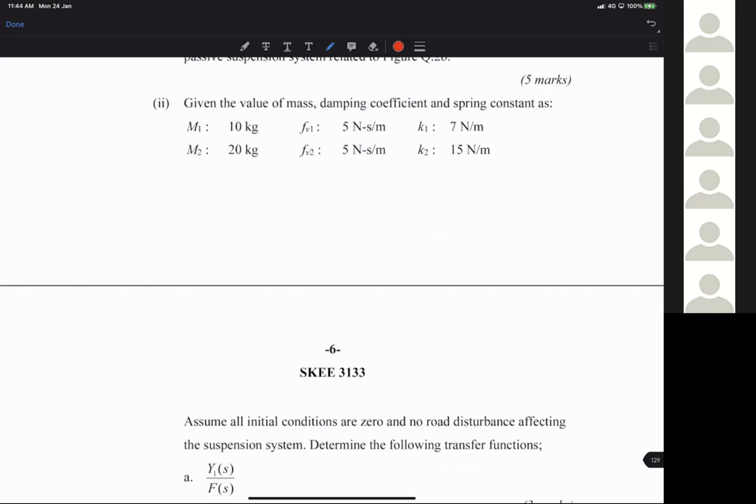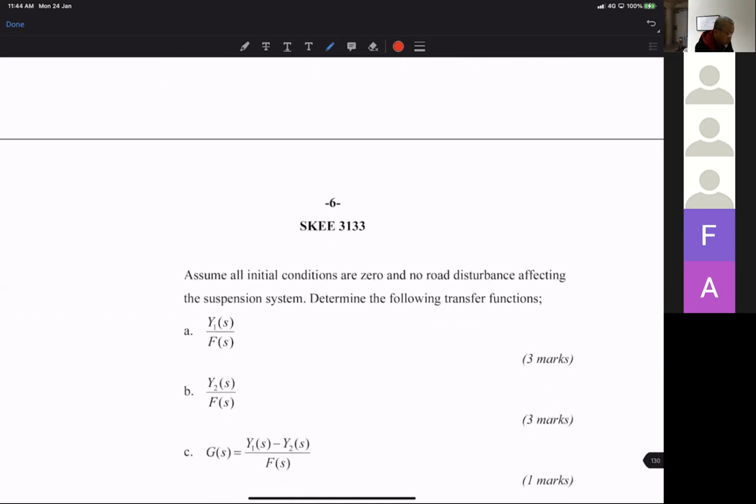Assume all initial conditions are 0 and no road disturbance affecting the suspension system. Determine the following transfer functions: A, Y1(s) over F(s); B, Y2(s) over F(s); C, G(s) equals Y1(s) minus Y2(s) over F(s).